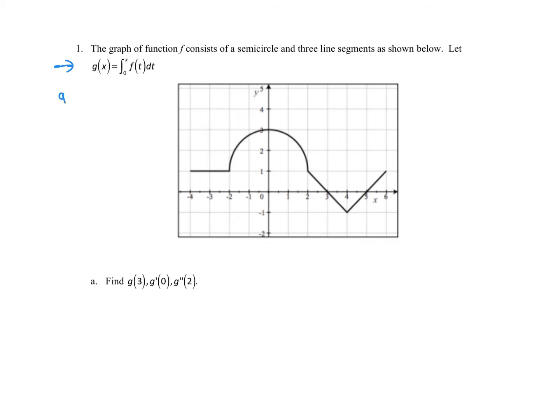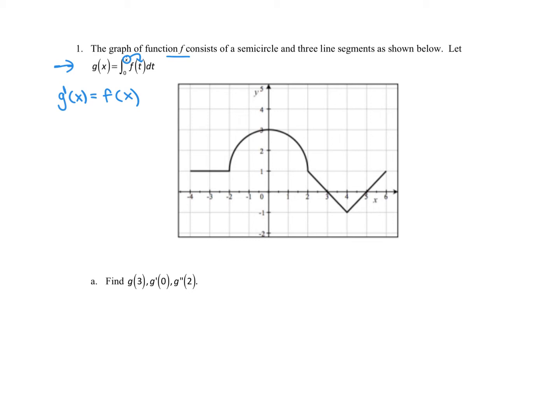So I take the derivative of this equation, and I get g prime of x equals, and then I cancel the integral and just take x and plug it in for t, and I get f of x. And we are told that the graph below is f. So now we've identified that it's not only f, it's also g prime of x. And since all our questions are about g, we're going to think of this graph as a first derivative graph.